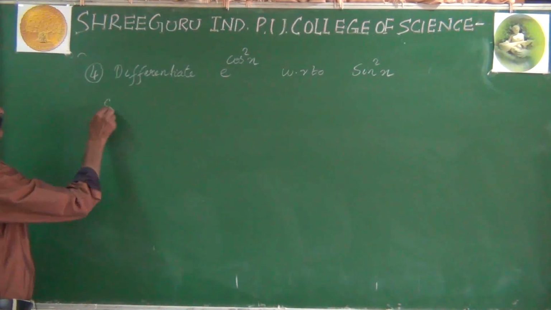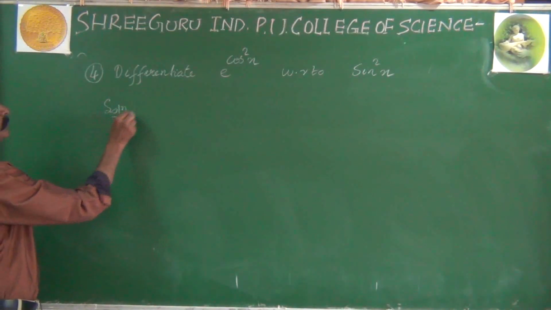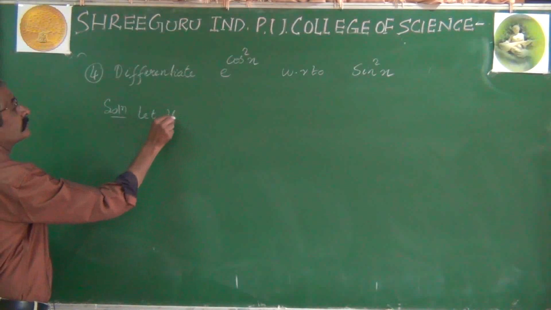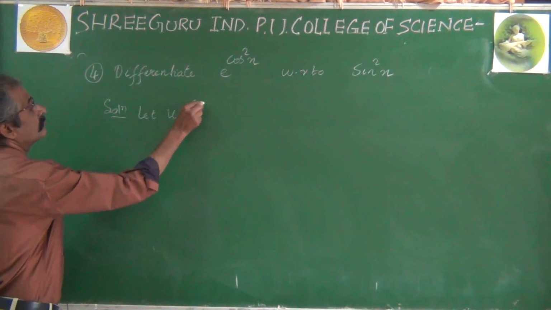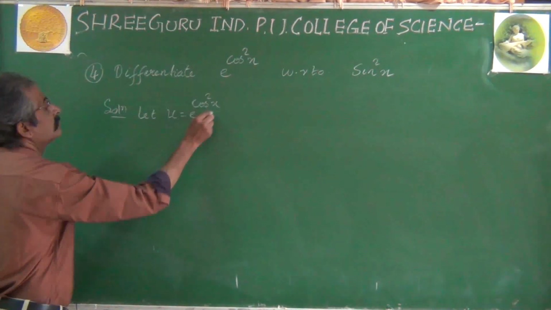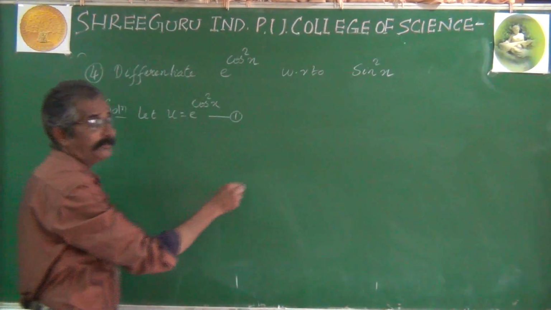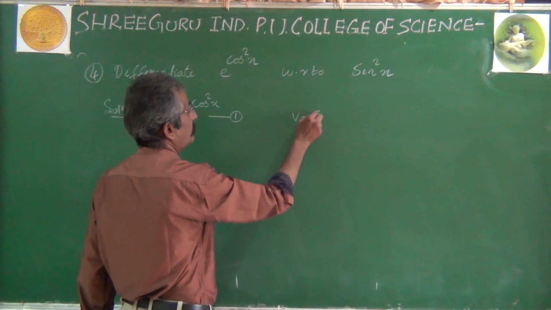Solution. Let u equal to e power cos square x, call it 1, and v equal to sin square x, call it 2.